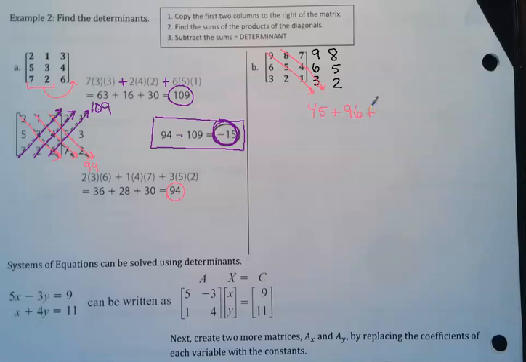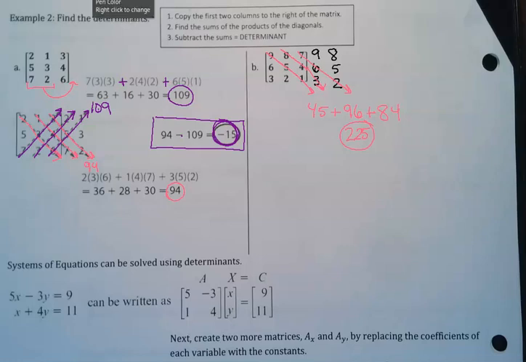All right, so 96, and then we have 7 times 6 times 2, right? 7 times 6 times 2 is 42 times 2. So we have 84. All right, so now I'm going to add up these three numbers, 45 plus 96 plus 84, and I get 225 for my major diagonal.